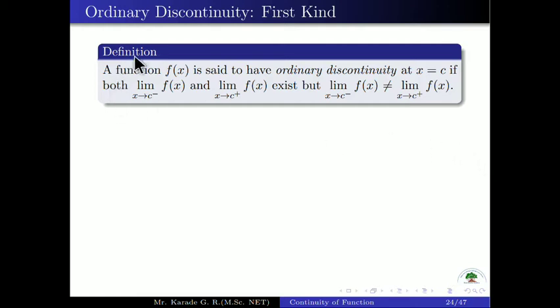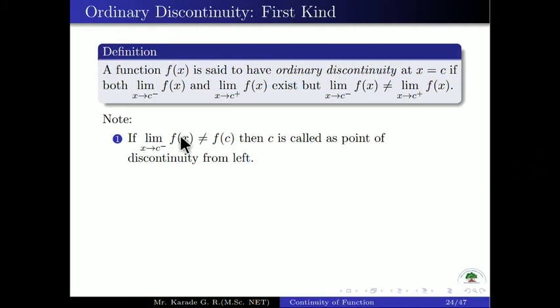So this definition says that function f(x) has ordinary discontinuity at x equal to c if the left hand limit and the right hand limit of f(x) both exist but they are not the same. In this case the function f(x) has ordinary discontinuity of first kind.